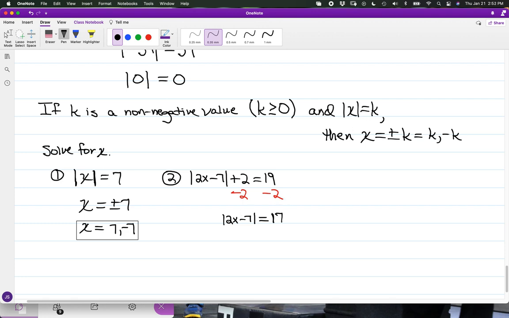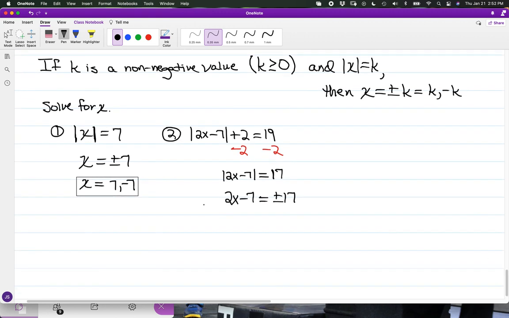If I take out the absolute value notation, we're going to have 2 pathways for 2x minus 7. It'll be equal to those numbers that will be 17 units away from 0 on the number line. One is positive 17 and the other negative 17.